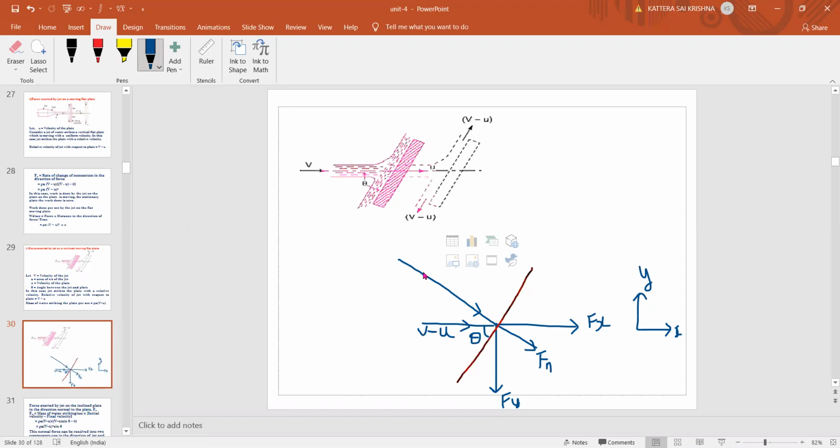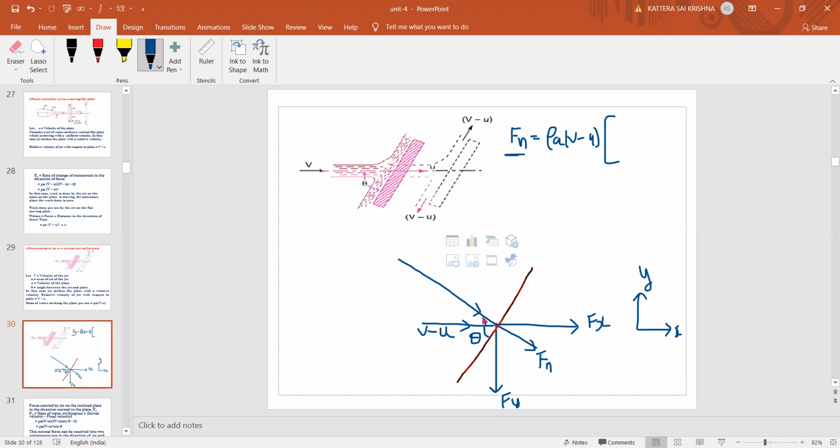First we'll calculate Fn. Fn equals the mass flow rate, rho a into v minus u, times the initial velocity in the normal direction, because we are calculating Fn first. We want the velocity component perpendicular to the plate, since that is the force exerted as normal force.